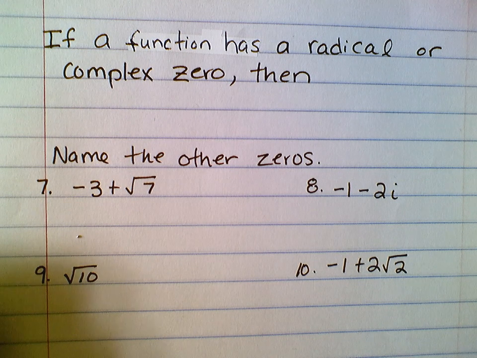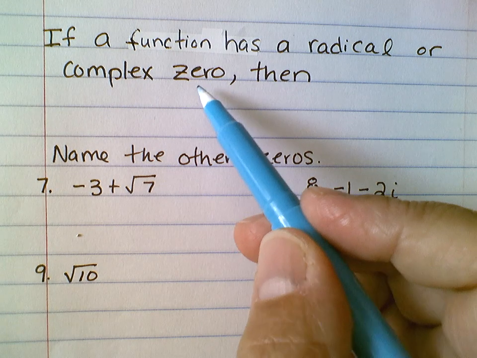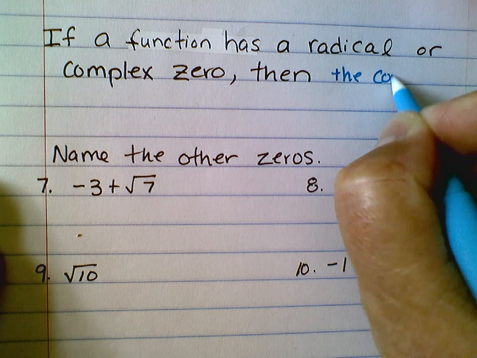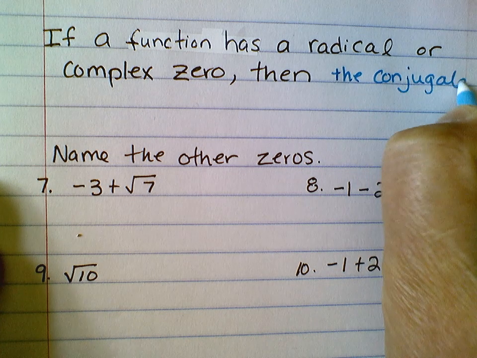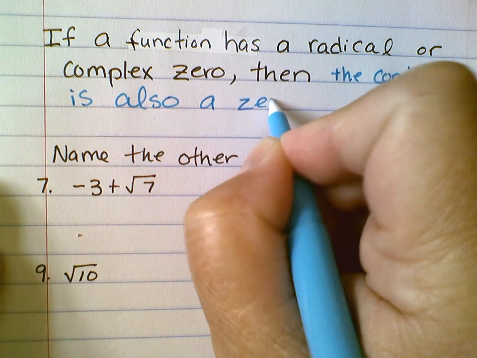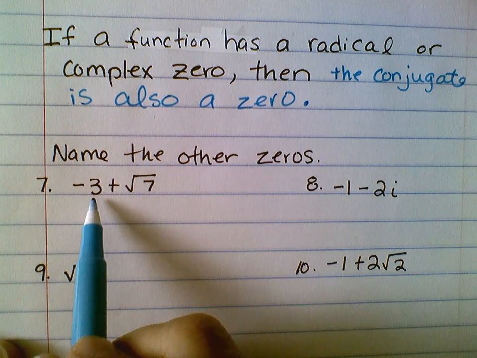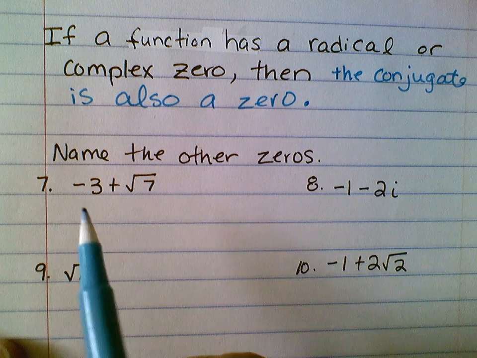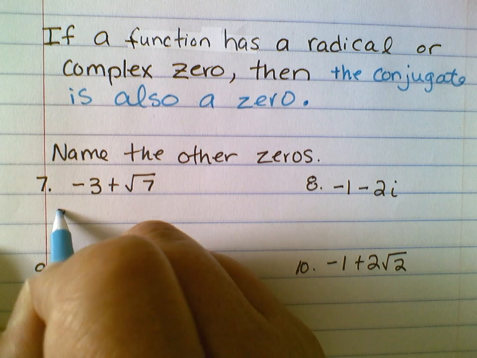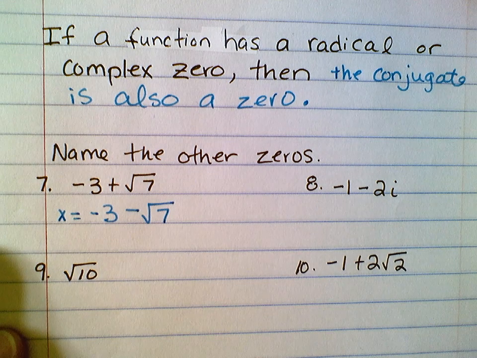All right, now if a function has a radical or a complex zero, solution, root, x-intercept, then the conjugate is also a zero. So if I have an x-intercept at -3 plus the square root of 7, I also have another x-intercept at -3 minus the square root of 7.